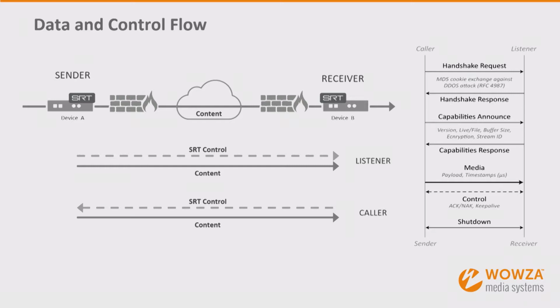That's important for things like firewall traversal. It also gives you a way to measure RTT times and acknowledge buffer sizes on both sides, and that turns out to be very important in the quality latency trade-off.